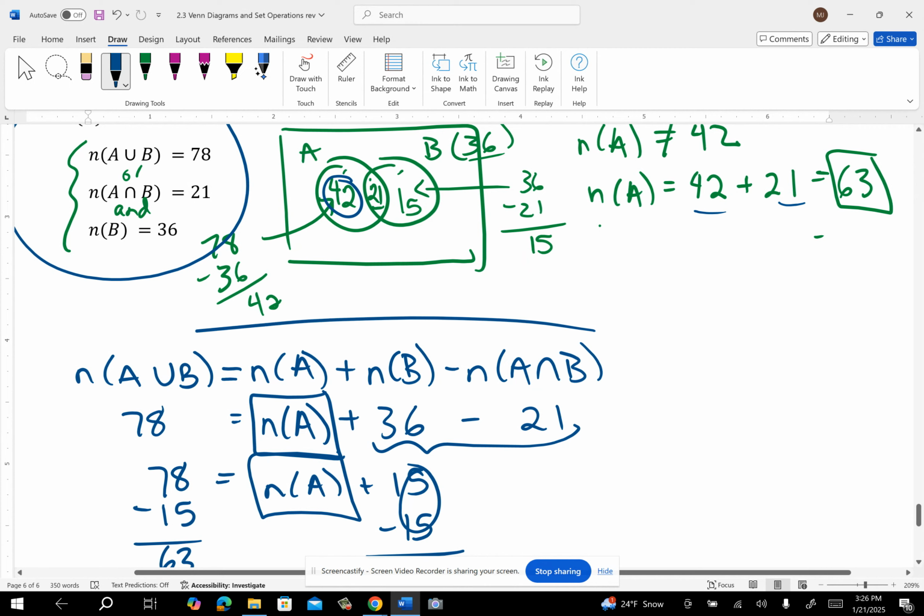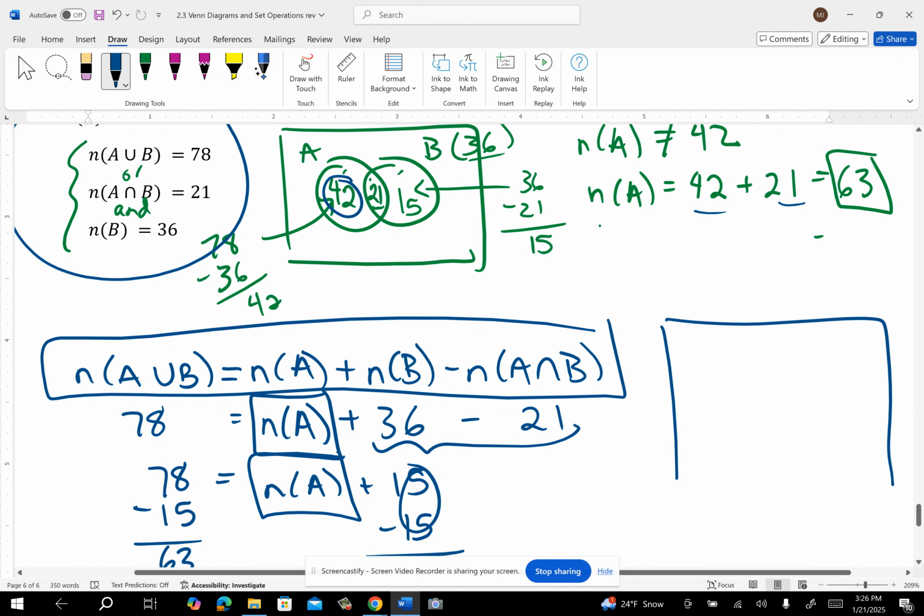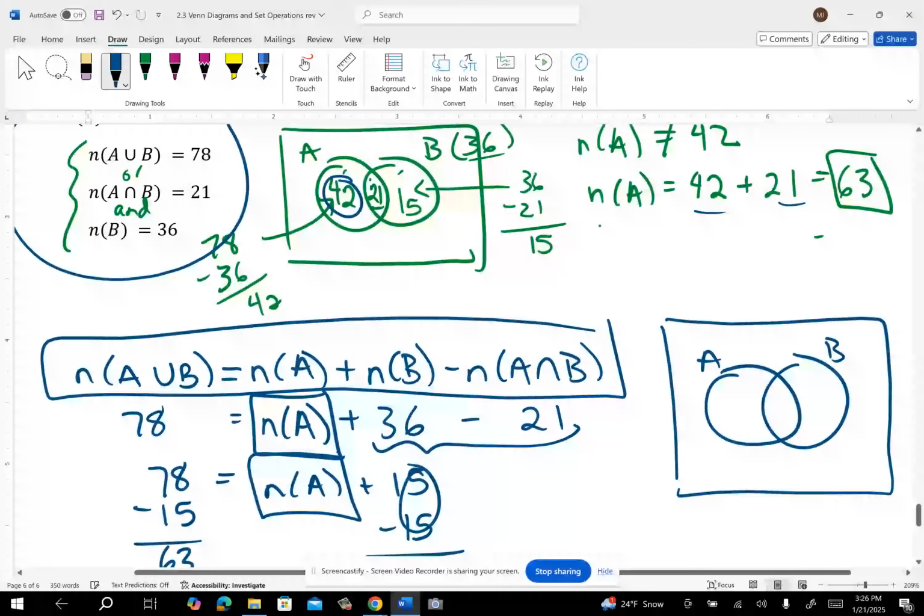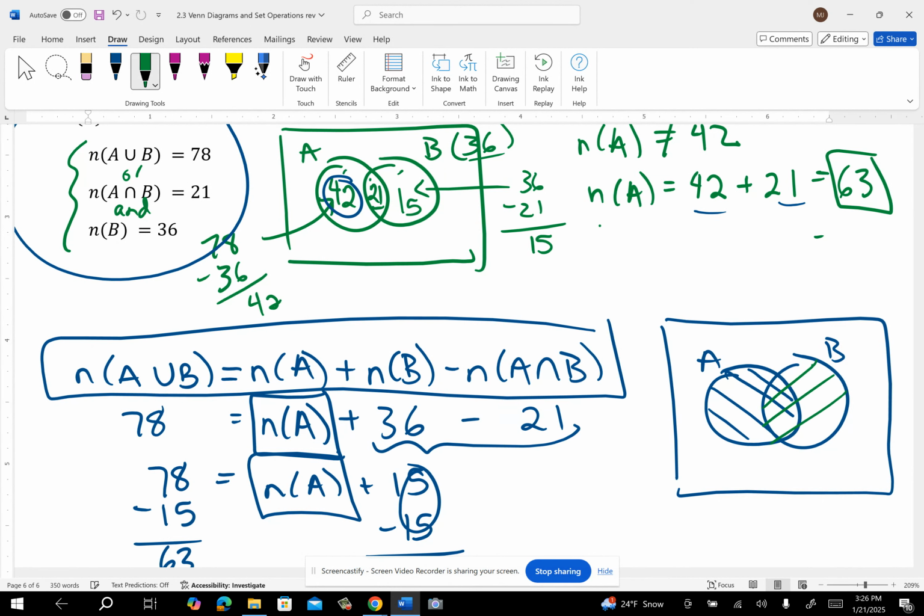Now the reason this formula works when you think about it is if you're looking at two sets and you think about the union of those two sets, okay? Trying to calculate the union of those two sets. If you added the number of elements in A, which would be all of these, to the number of elements in B, which would be all of these, do you notice that you have both the green and the blue shading there in the middle here?